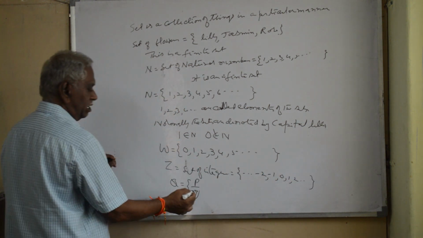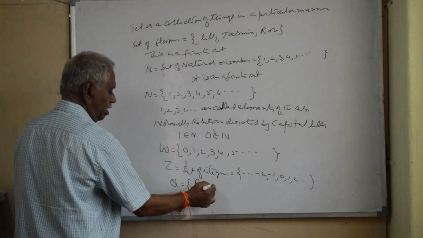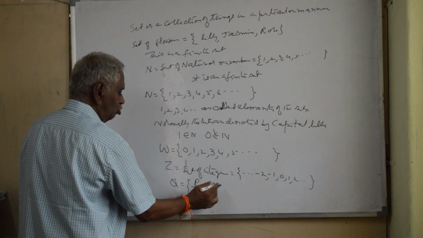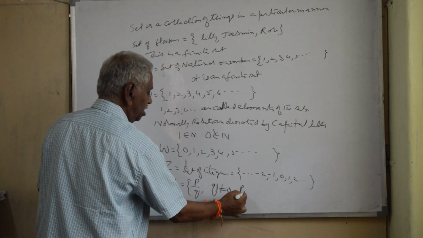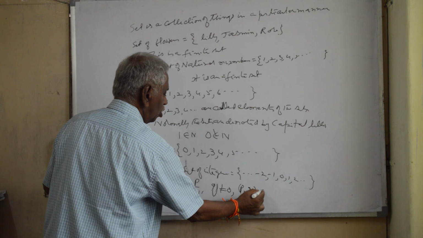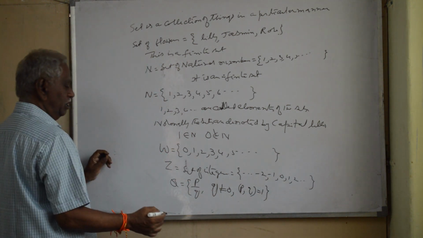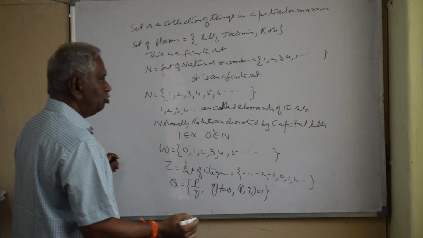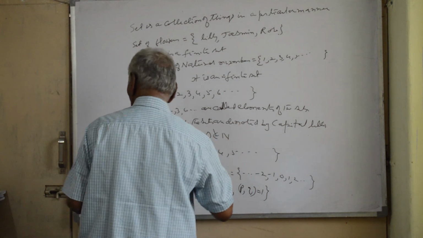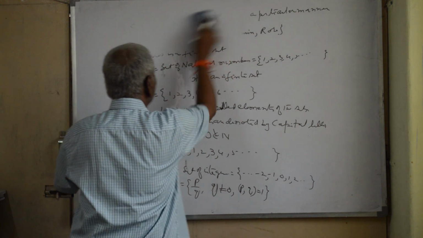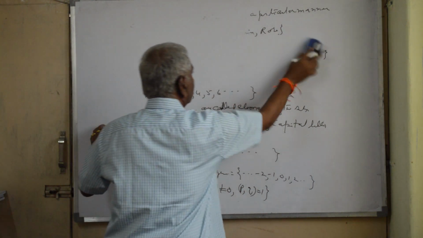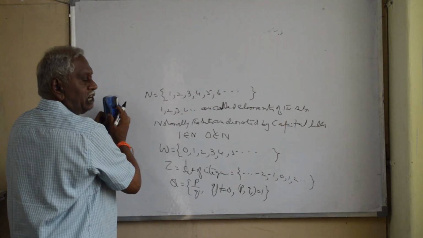It is also an infinite set. And Q, numbers of the form p by q, where q is not equal to 0 and the HCF of p and q is equal to 1, we call rational numbers. The numbers which are not rational are called irrational numbers. We call them Q dash.